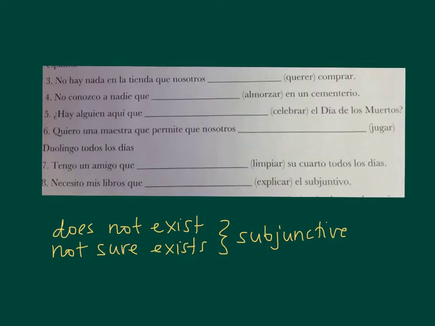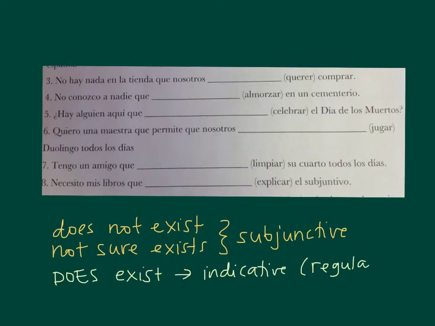If you know for a fact that it does exist, so if you're talking about something that you have or you have something specific in mind, then you are going to be using the indicative, which is just regular present tense.